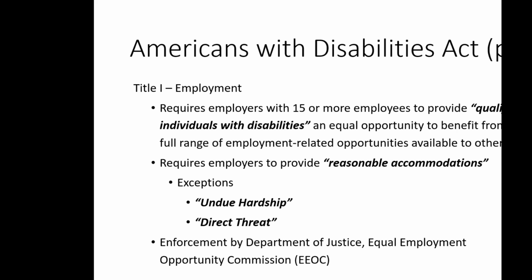That doesn't mean all of them, but the majority of reasonable accommodations that need to be made are pretty low cost. Title I complaints must be filed in the U.S. Equal Employment Opportunity Commission within 180 days of the date of discrimination, or 300 days if the charge is filed with a designated state or local fair employment practice agency.